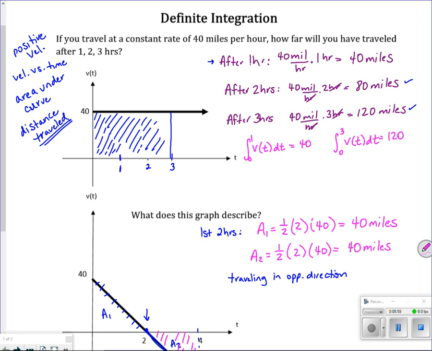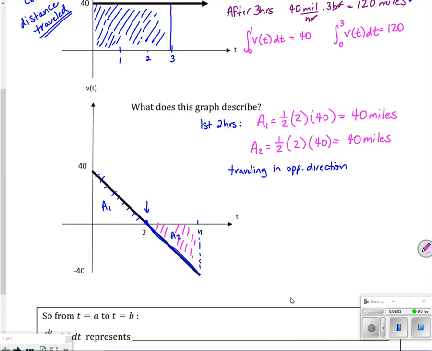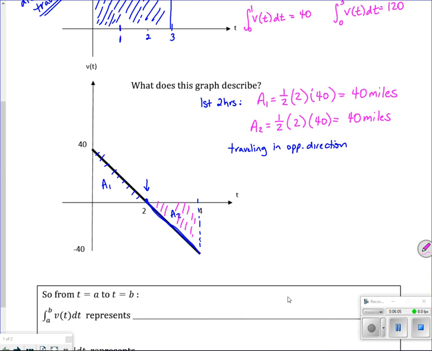Let's look at what happens with this one. If he's traveling in the opposite direction, is it right to say that the integral from 0 to 2 of v of t dt is 40? Yes, that's true.